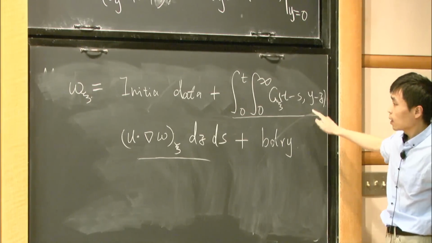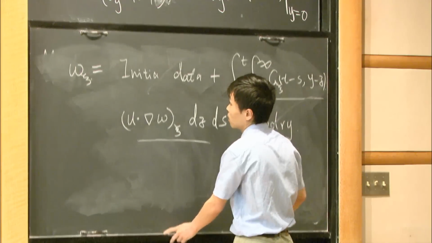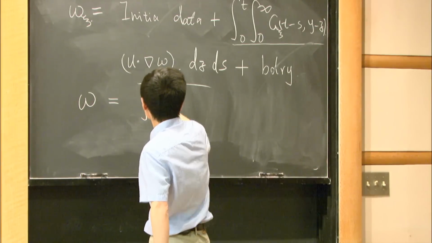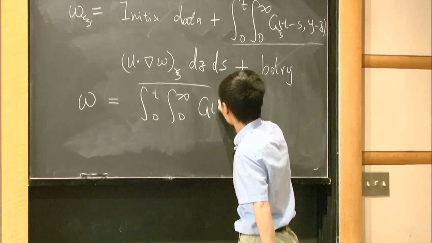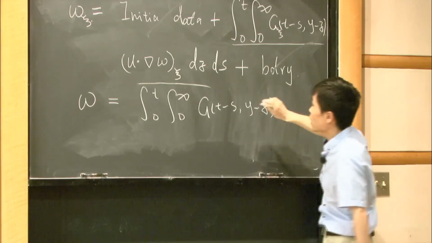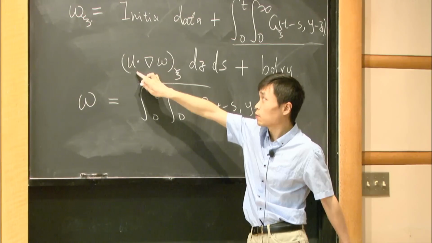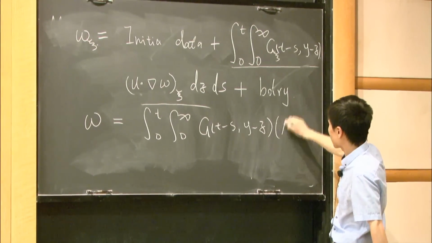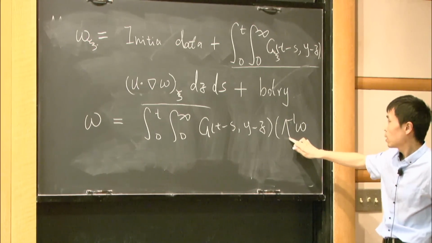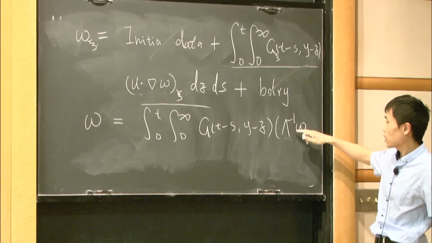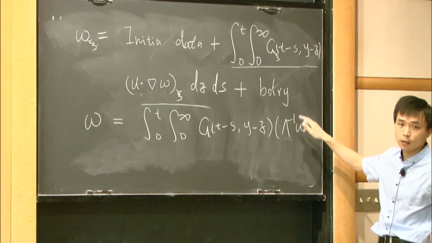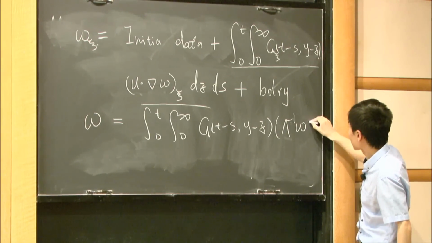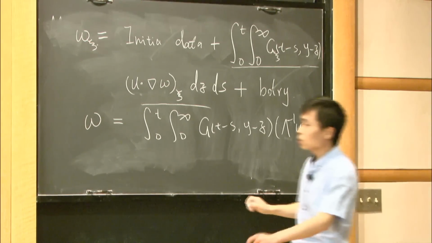Let's consider omega equal to the integral from 0 to t, 0 to infinity, of G(t minus s, y minus z) times the forcing. The velocity is one derivative less than omega, so you can think of it as lambda inverse omega, where lambda is one derivative, and then this gradient omega. Then you do the energy estimate.